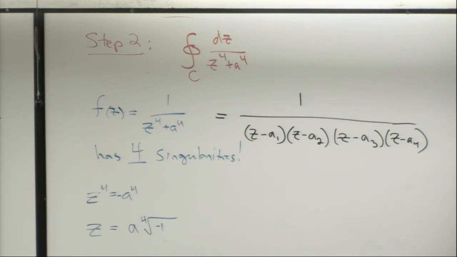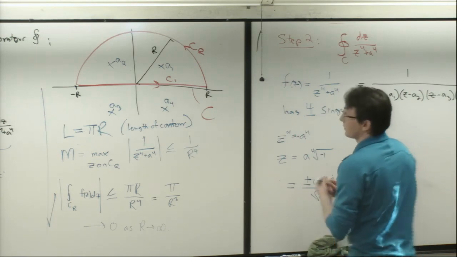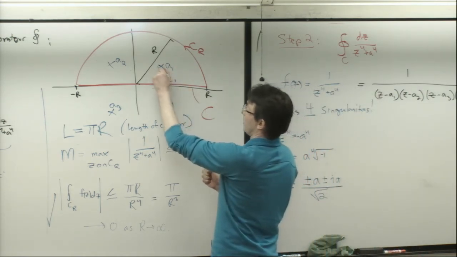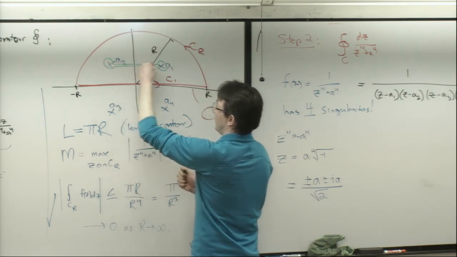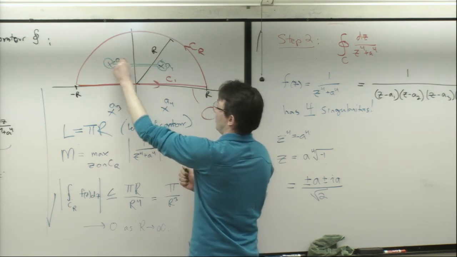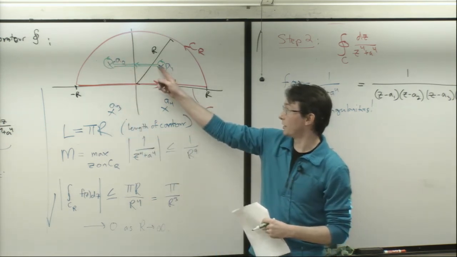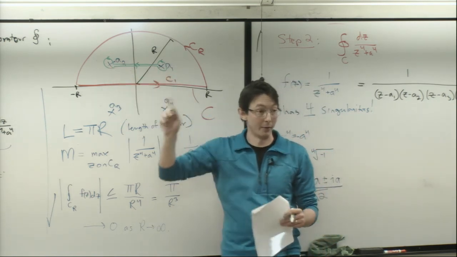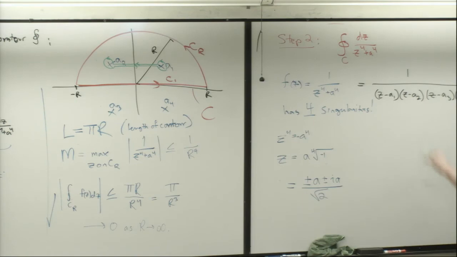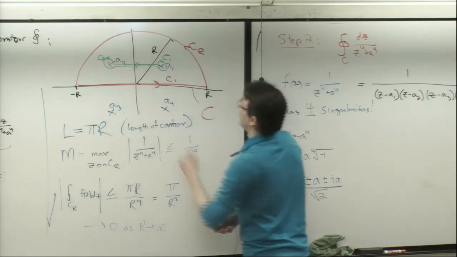Now, if I zoom in, remember, we can always kind of rewrite this contour as this funny thing here. Okay, so I'm basically just trying to sum up the contour integral around this pole and the contour integral around this pole. That we can definitely do. So let's start with this contour integral around A1 and this contour integral around A2.